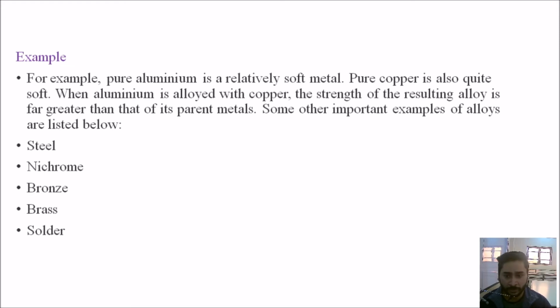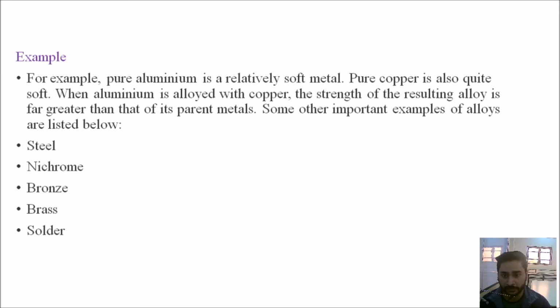And what is the basic purpose of making an alloy? Let's take an example of aluminum. Aluminum is a metal of group 3A. As you know, aluminum itself is a soft metal. And you cannot use this soft metal for making car bodies, or for example aeroplane bodies. So in order to make this aluminum usable, we make an alloy of this aluminum.